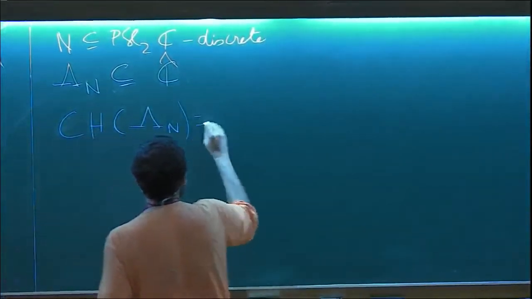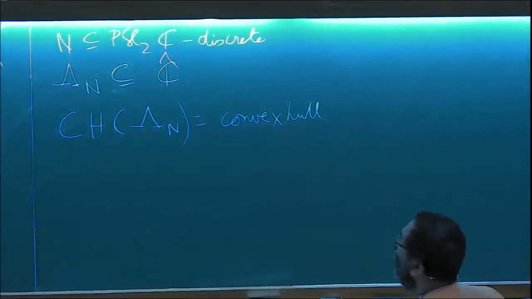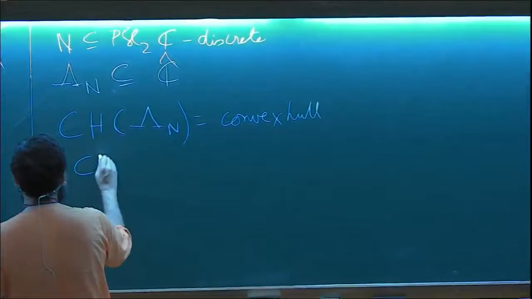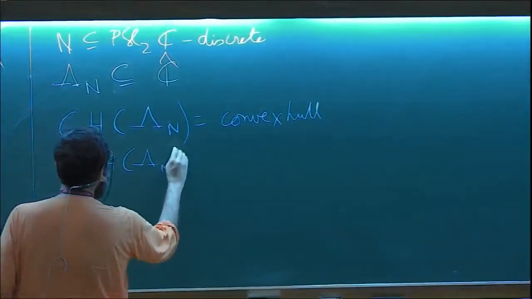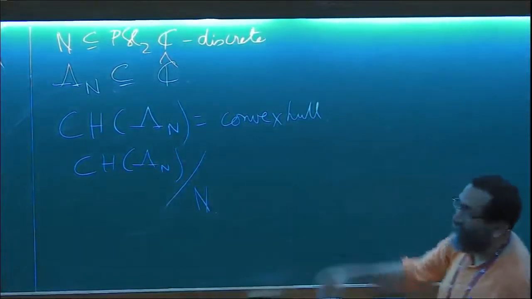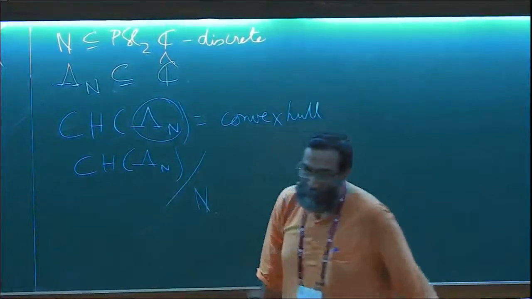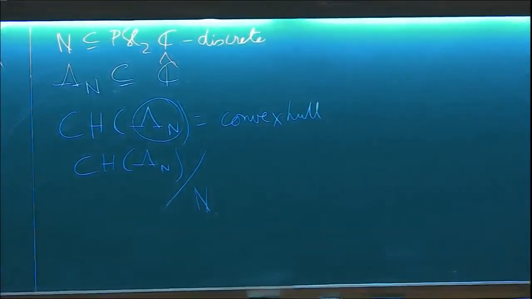Take the convex hull of this limit set, which means the smallest convex subset of hyperbolic 3-space which has the same set as its set of accumulation points at infinity. Since lambda N is invariant under N, so is the convex hull, and so you take the quotient by N.